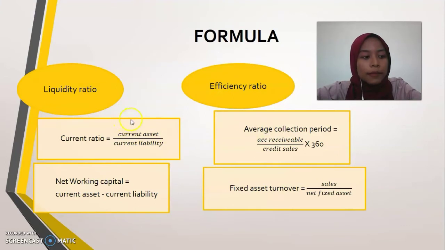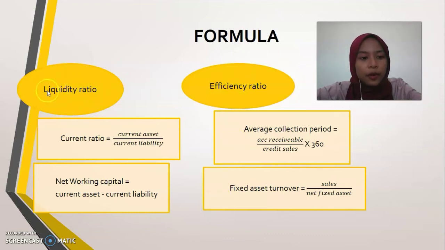In this presentation, I will be presenting 4 types of ratios, and I will give 2 examples of each type. For liquidity ratios, I will give 2 ratios, and for efficiency ratios, I will give 2 ratios.